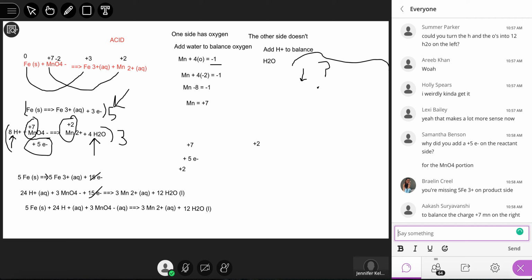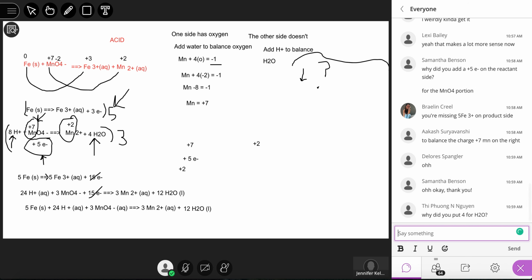Now, they don't have to always go neutral. They just have to both have the same charge on both sides. So if this side is +7 and we add 5 electrons to it, then 5 of those pluses will cancel and leave us only 2 pluses. So then on the left we'll have 2 plus, and on the right we'll have 2 plus.